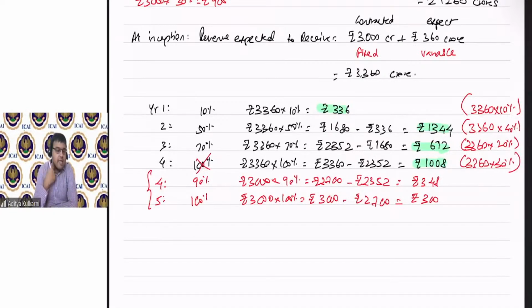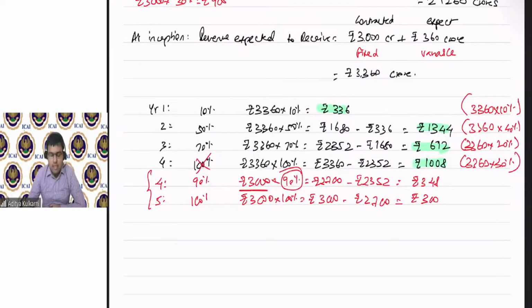And therefore in year 4, assuming that you have completed 90% of the work, 3,000 crore only will be the revenue number that you are going to recognize. Why? Because now you believe that I'm not going to meet the requirements, and therefore we are going ahead and doing the recognition at 3,000 crores.